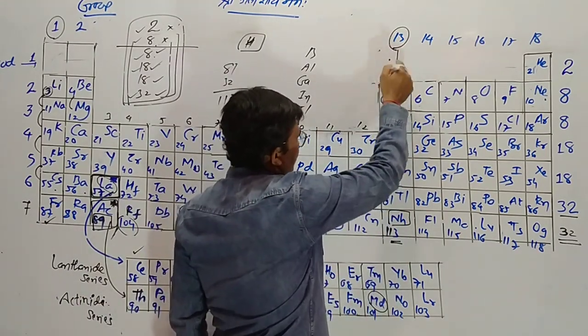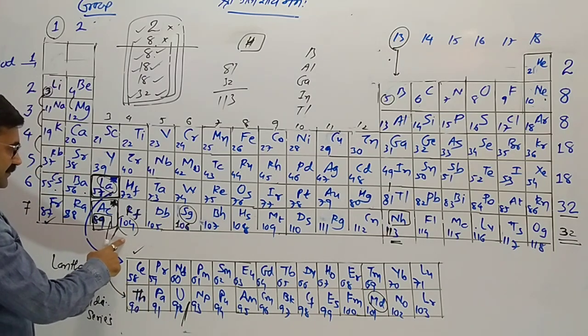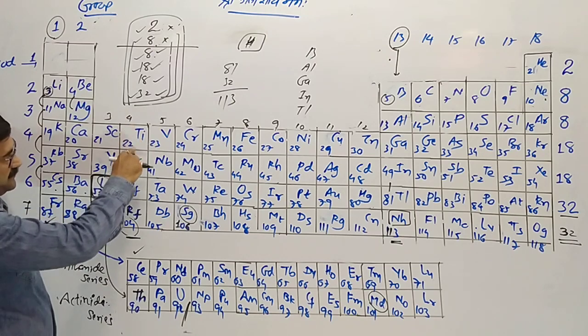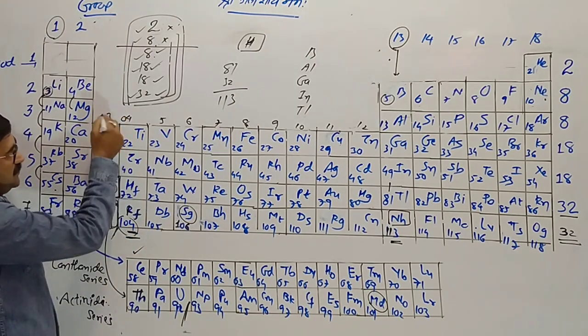So it should be a member of group number 13. And this starts from here. Rutherfordium: you can see, group number 4, last two digits 04. So group number 4.